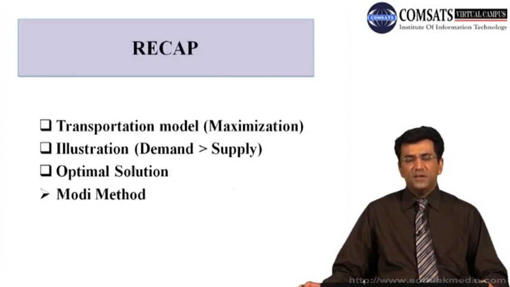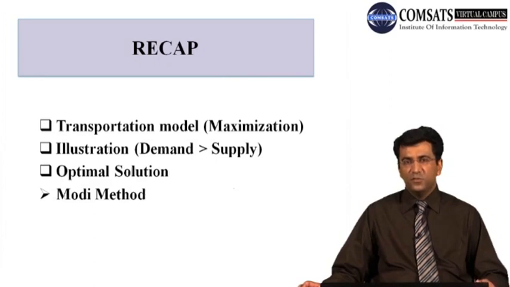Students, in the last class we discussed again a very important situation and a special case of the transportation model, that is maximization. Mostly we are interested in minimization of cost when we are discussing the transportation model, but there may be certain situations in which we may be interested in maximization of profit. Sometimes the operations manager may be interested in maximizing the profit margin for the different routes.